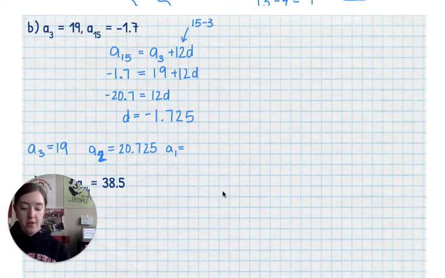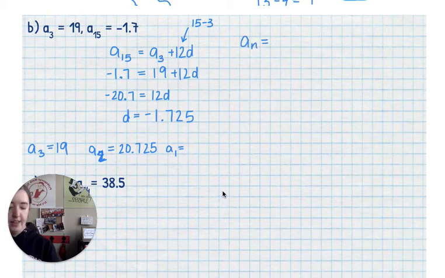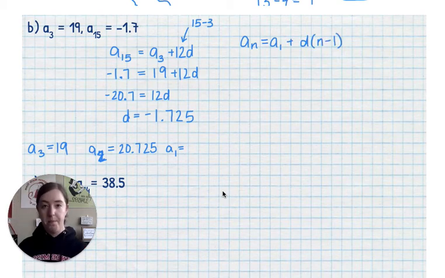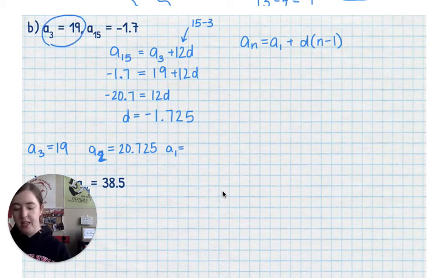Or here's another way to go about it. So we already know that a sub n equals a sub 1 plus the common difference times n minus 1, right? Well, let's use the fact that a sub 3 is equal to 19. So a sub 3, so that means my term number is 3, so that will go in for n.